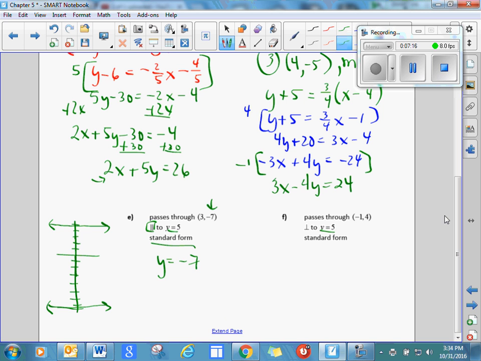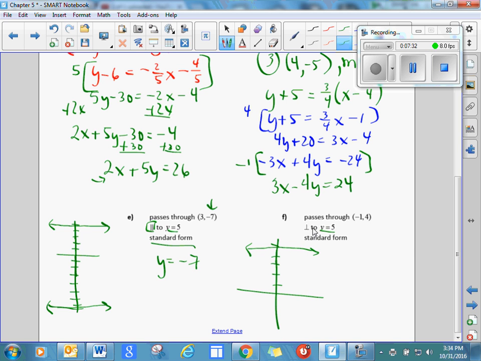Let's look at this one. This is saying it wants a perpendicular line to the same y equals 5. Again, I'm going to sketch y equals 5. Here's y equals 5, the perfectly horizontal line.